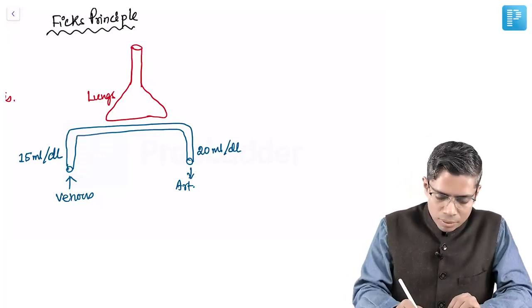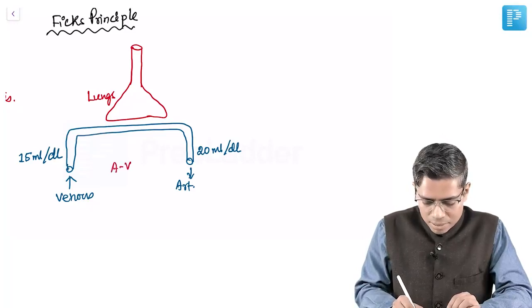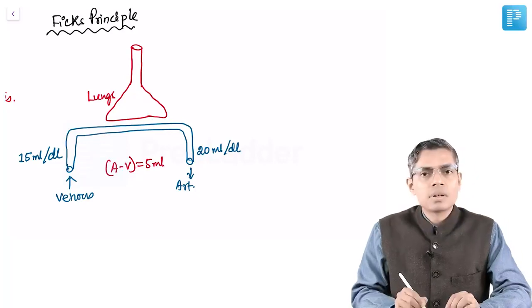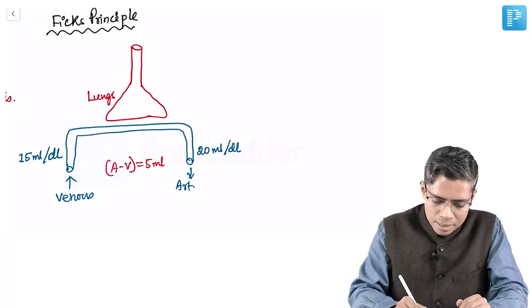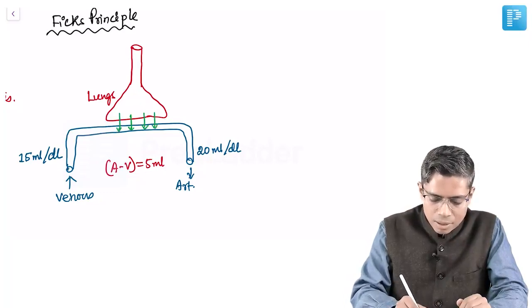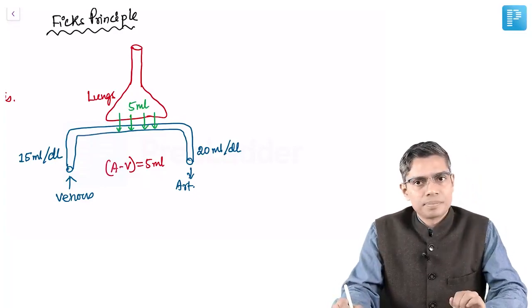So the artery minus venous difference here is 5 ml. So where is this 5 ml oxygen coming from? I can easily understand that this 5 ml oxygen is absorbed at the level of lung.